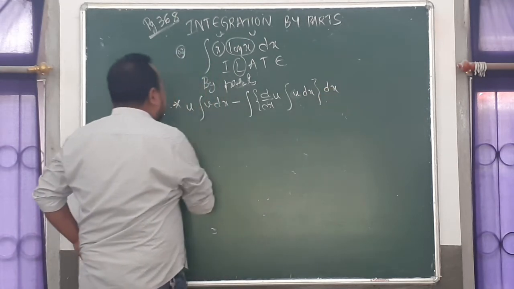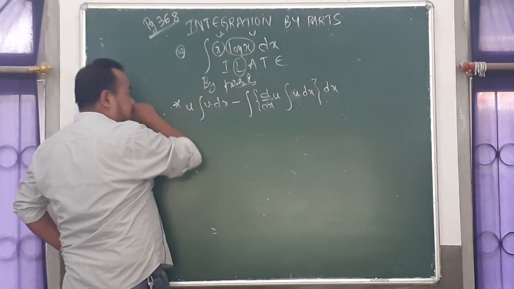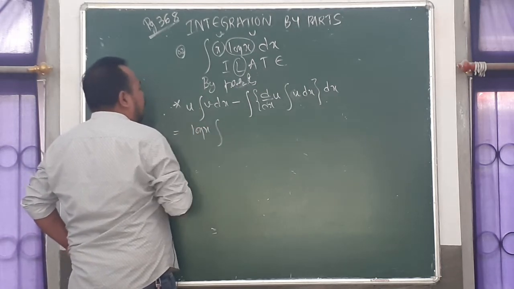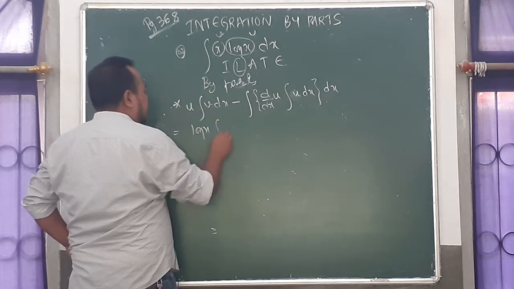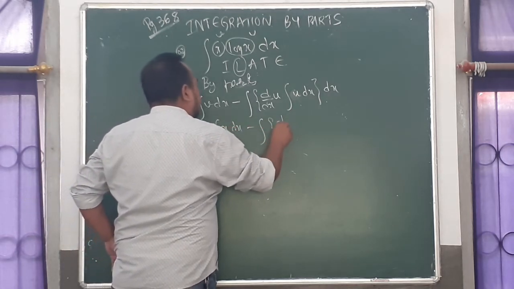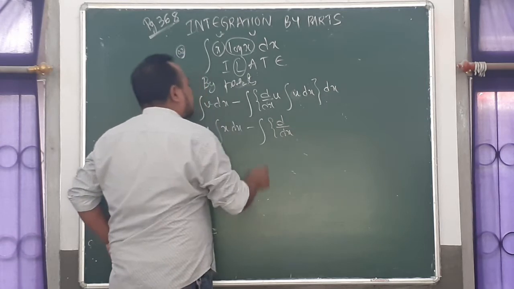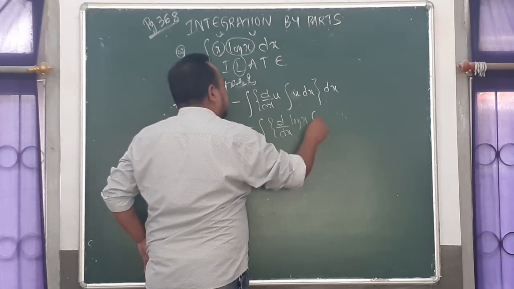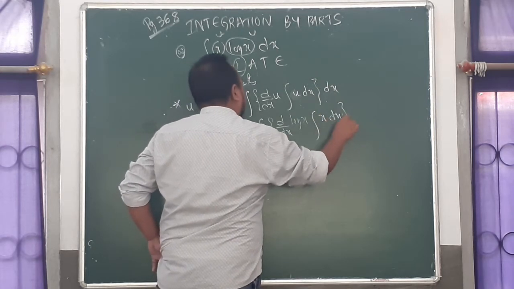So just put the value. What is u? u is log x. So log x integration of, what is v? It is x dx, minus integration curly bracket differentiation of log x, the first function, into integration of the second function.